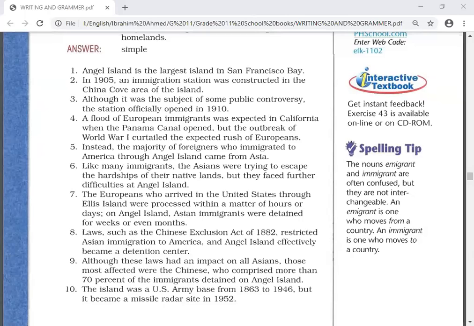Is it simple, compound? Complex, you mean? Think again. Sentence number 6: Like many immigrants, the Asians were trying to escape the hardships of their native lands, but they faced further difficulties at Angel Island.